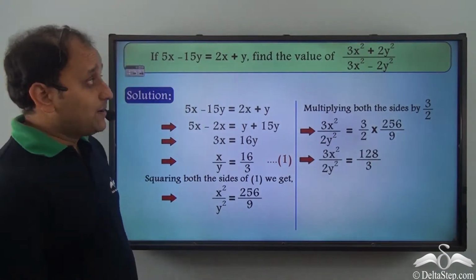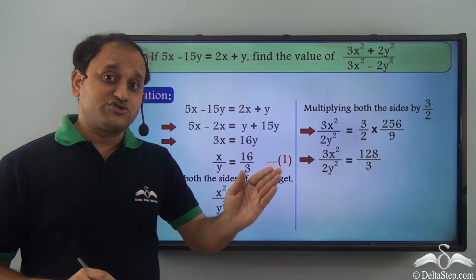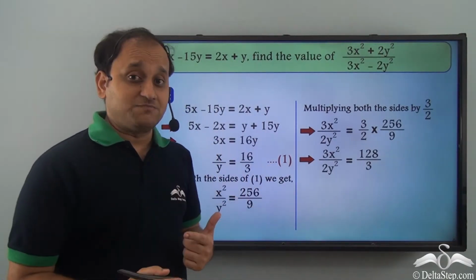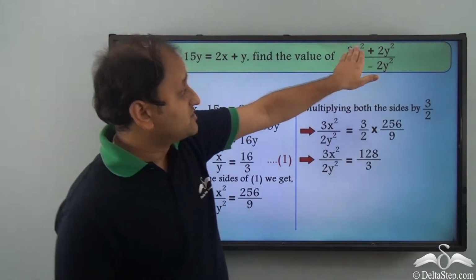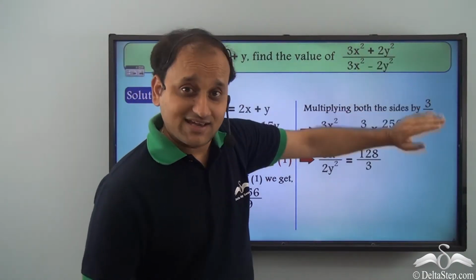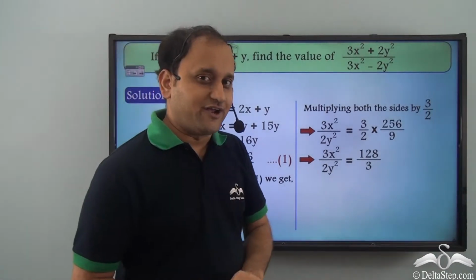Why do I say so? Because in componendo dividendo, when A is to B is proportional to C is to D, we can write it as (A plus B) by (A minus B) is proportional to (C plus D) by (C minus D), which is very similar to this, x plus y by x minus y, isn't it? So we can get this term if we apply componendo dividendo.